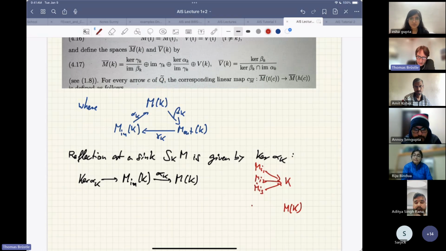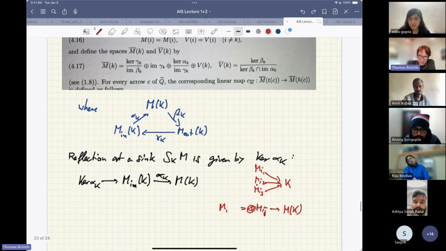So we want to take the direct sum of all those M_ij, the vector space of all the direct predecessors of K. They call this M_in K.